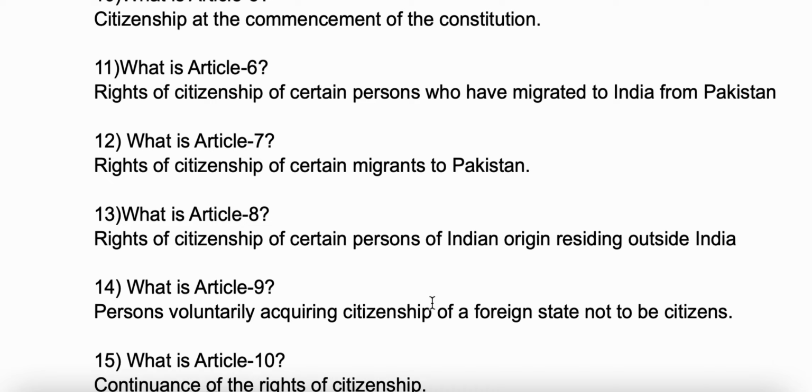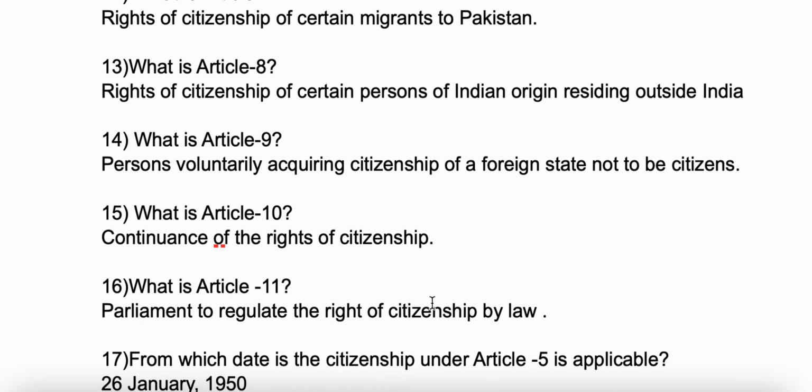Now the 13th question, what is Article 8? Rights of citizenship of certain persons of Indian origin residing outside India. So they are born in India but they are residing outside India. For those people the rights are mentioned under Article 8. Now the 14th question, what is Article 9?